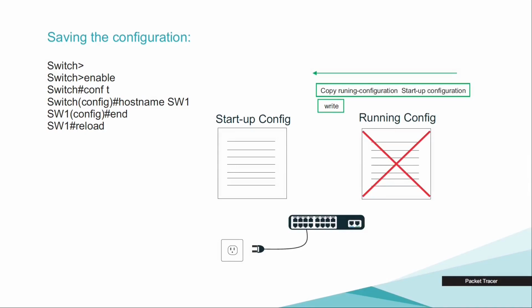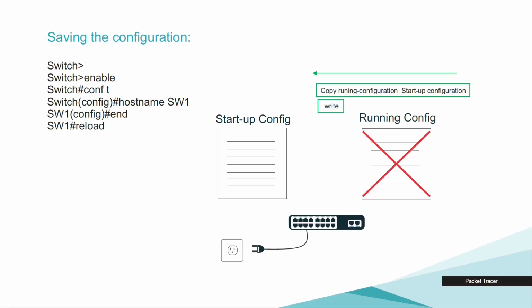We spoke before about the running configuration and the startup configuration. And we mentioned that any configuration that we do in our switch will be saved in the running configuration. And if we disconnect the power to our switch, we will lose the running configuration. In order to avoid that, we have to move the configuration from the running configuration to the startup configuration.